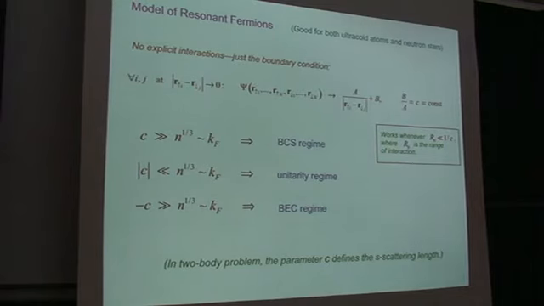And the whole problem can be formulated as a problem without the interaction, but with a very specific boundary condition, in terms of the many-body wave function in the coordinate representation.